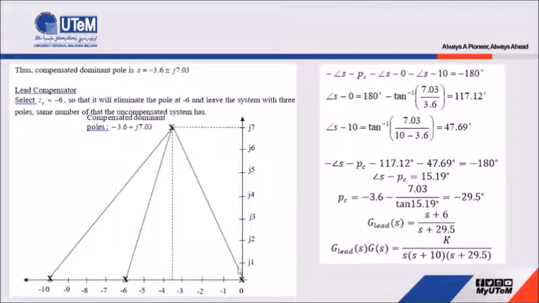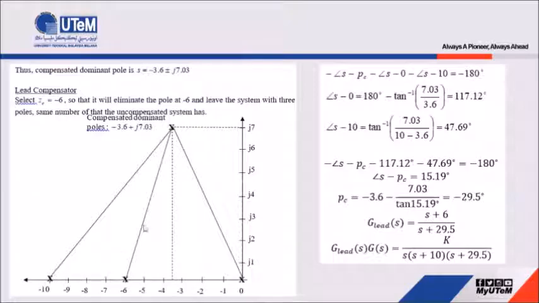First we find this theta, and after that we use 180 minus this theta. After we calculate, we get this angle equal to 117.1 degrees.